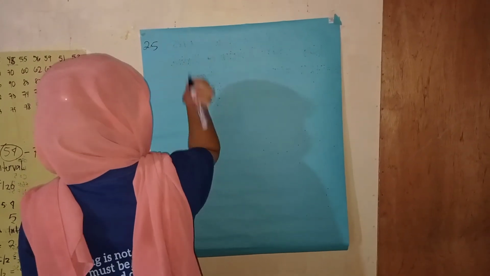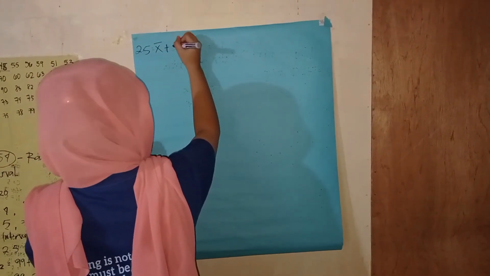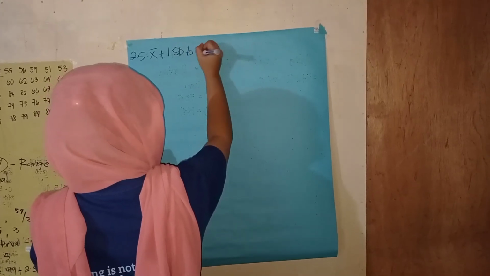So next is 2.5. Our formula for 2.5 is mean plus 1 standard deviation to mean.